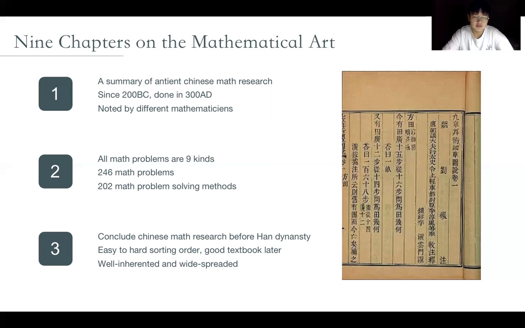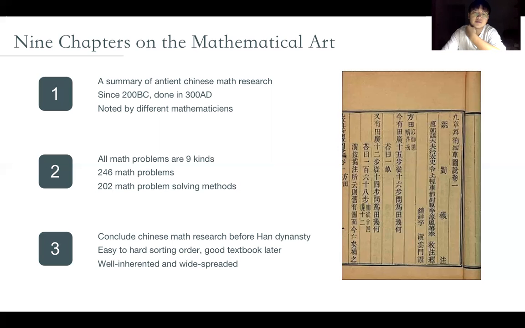So this book concludes the Chinese math before the Han Dynasty. The Han Dynasty is around 300 AD.